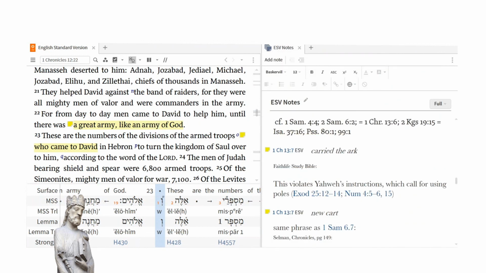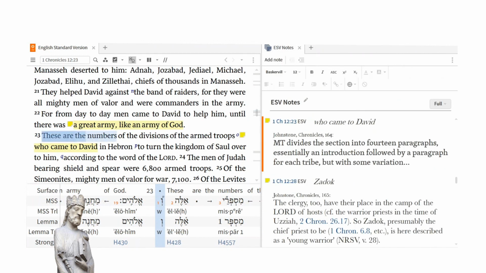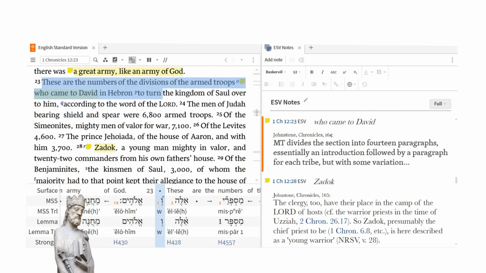Also, Johnstone had an interesting note here about these numbers of the divisions of the armed troops. Johnstone notes here that the Masoretic text divides the section into 14 paragraphs, essentially an introduction followed by a paragraph for each tribe, but with some variation.